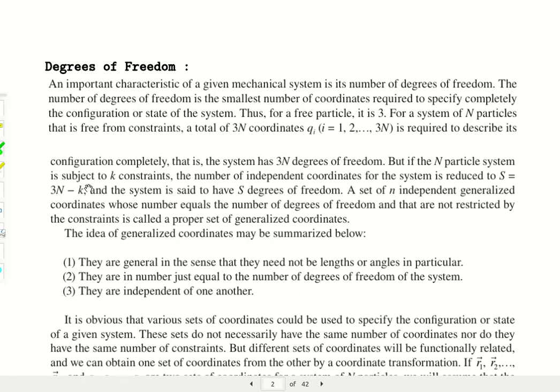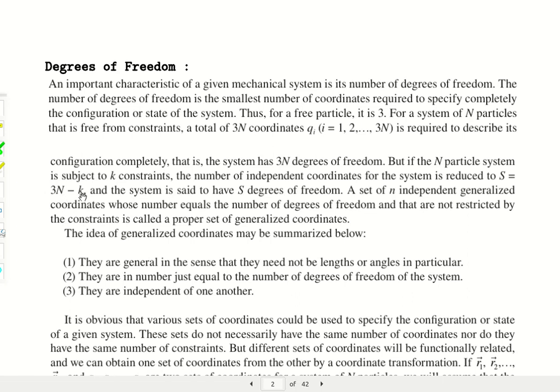That is, if you have n particles in a system which is moving, you have to deal with 3n coordinates. And if there are k constraints, we have to deal with 3n minus k coordinates.